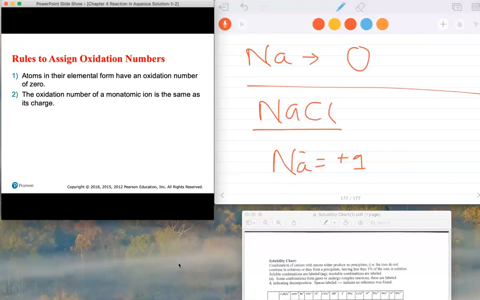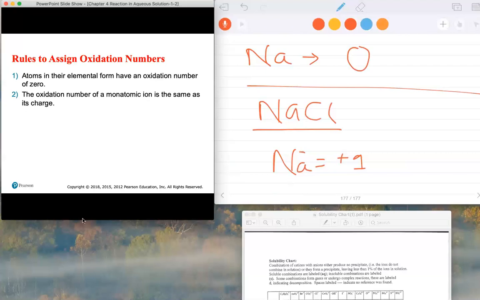Jennifer, are we together? So far, so good? By looking at the chemical formula, the equation, if you see the element by itself, then the oxidation state is 0. And of course, there are some other exceptions you have to look at, such as oxygen gas, if it is naturally occurring; we're going to talk about that.